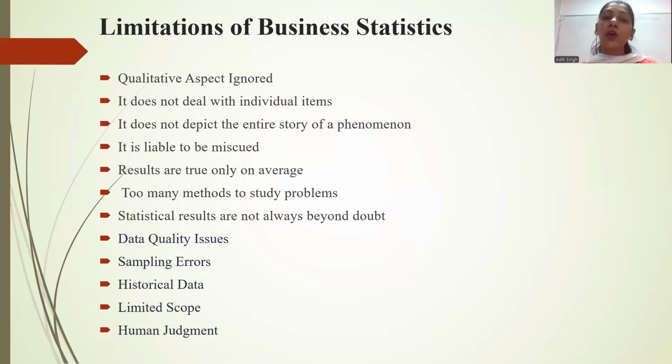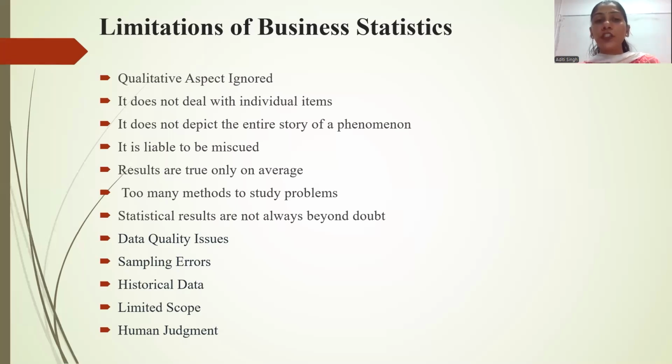So statistics always has a limited scope, as it is used to analyze the data only. On the basis of the analysis of the data, we do the interpretation, and on the basis of interpretation, we make decisions to improve the result and the organization's growth.